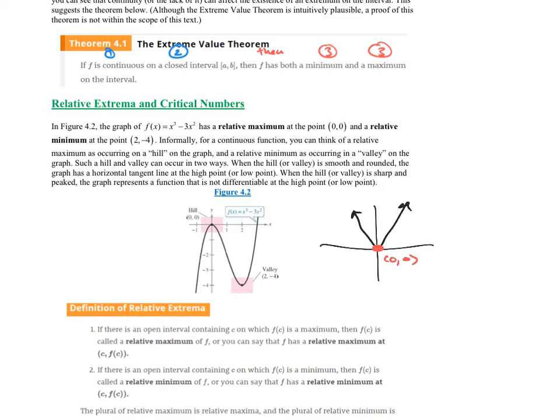The derivative does not exist at 0. f prime of 0 does not exist. If you remember, the derivative from the left and the derivative from the right don't agree, so the derivative at sharp corners does not exist. So what can we have when we have maximums or minimums? It either occurs where we have horizontal tangent lines, which is where the derivative is 0, right? Or it occurs at these places where the derivative does not exist.